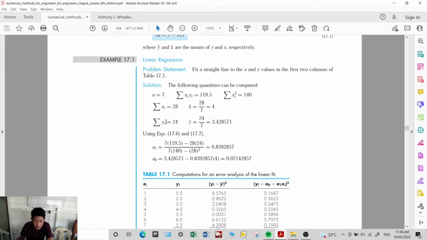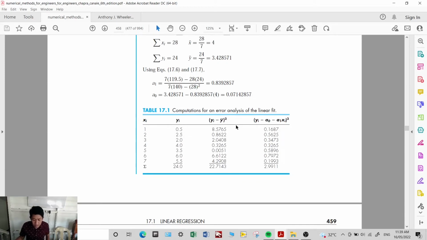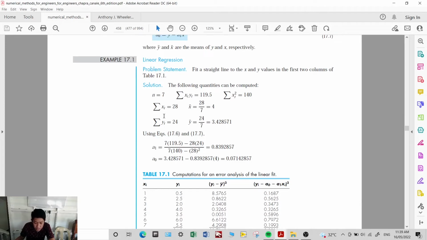Okay, so let's recall a1 is determined by these parameters. What we will do is add xi, we will also get the sum of yi, we will also get the summation of xi yi.